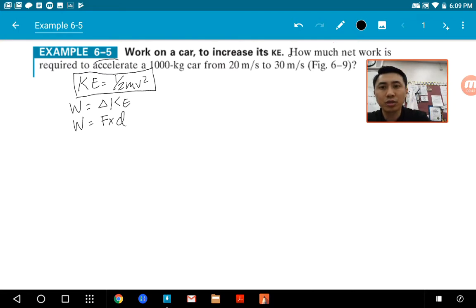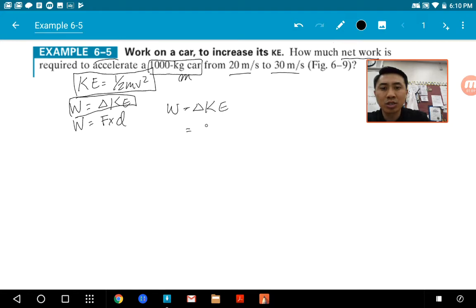So if we go through this example, how much net work is required to accelerate a 1,000 kilogram car? So we already have a mass there, from 20 meters per second to 30 meters per second. So let's use this equation, change in kinetic energy. All right, so the work is equal to the change in kinetic energy.